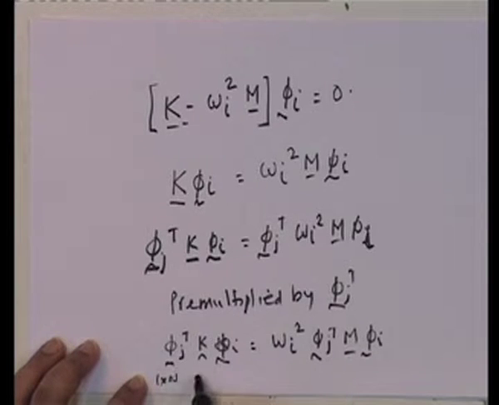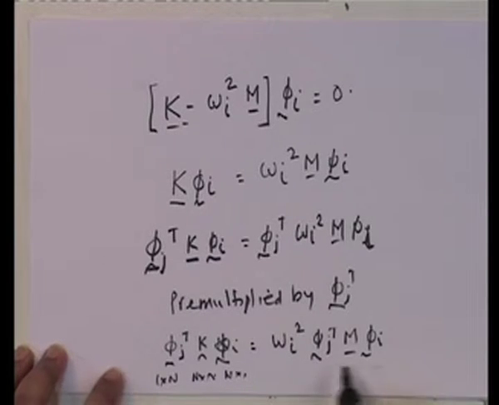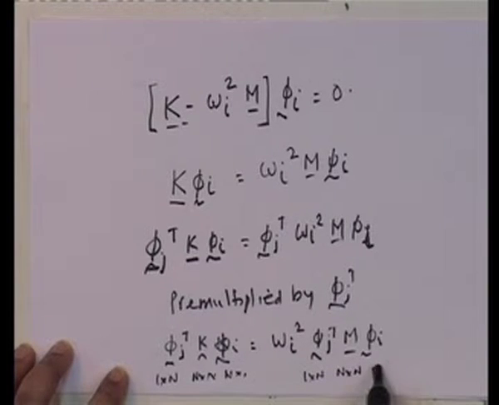This is 1 by n into n by n into n by 1, so both sides are scalars. Do you agree to that?